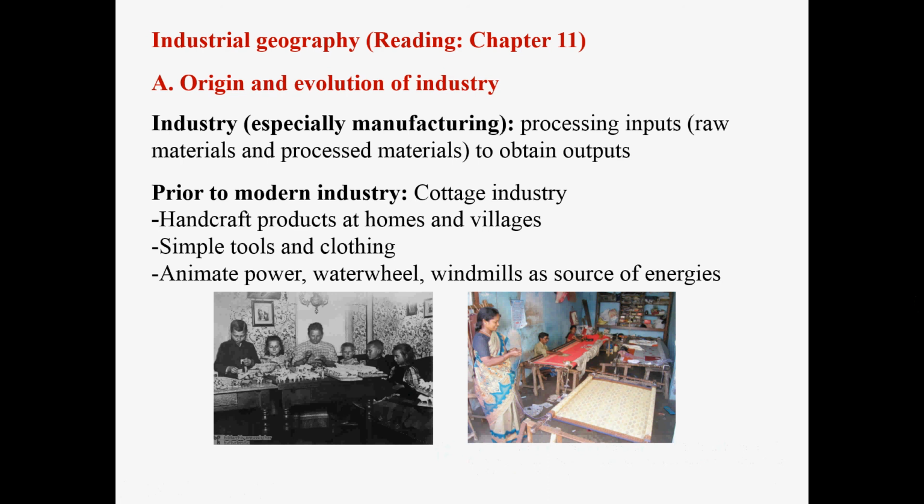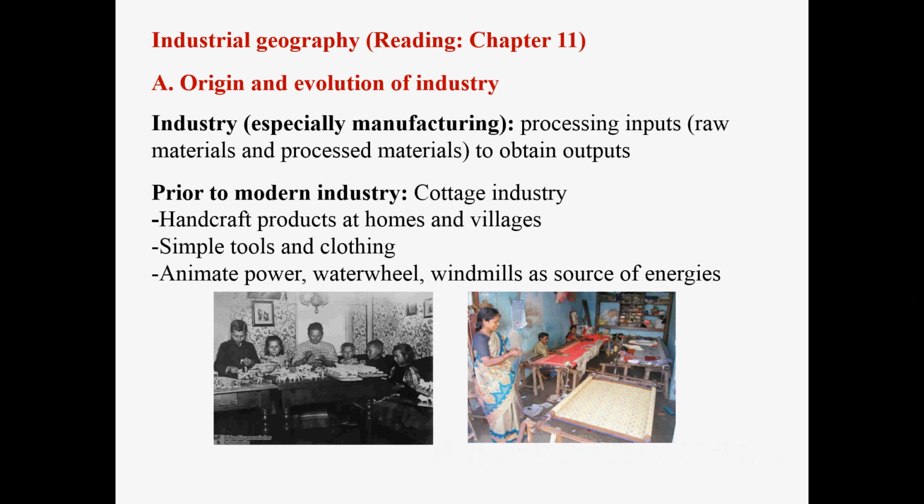And from this picture, you can really see that the picture on the left side depicts a European family during the 19th century, prior to the Industrial Revolution, where you have this small scale production at the family level.